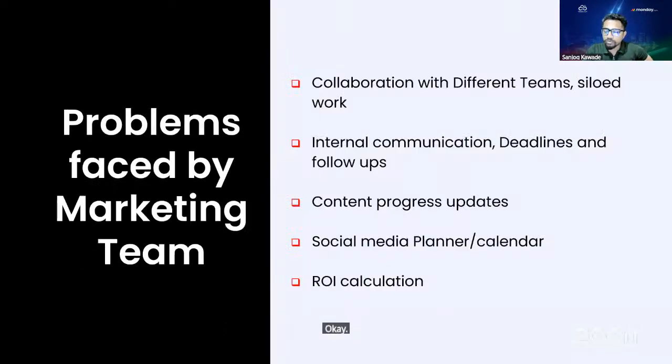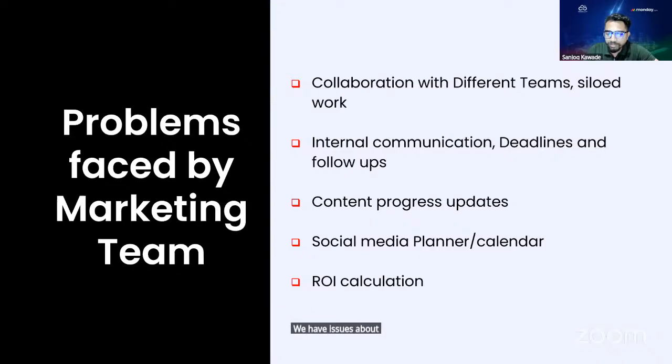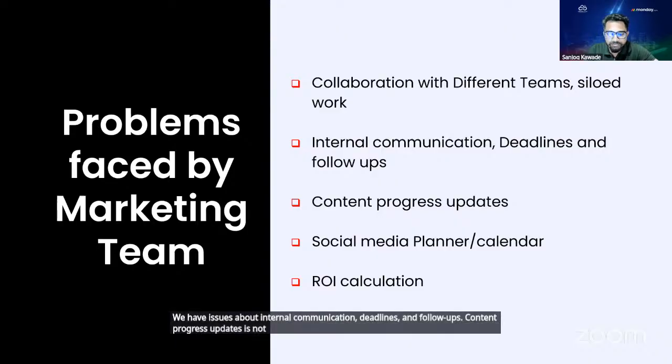And we have noted down a few problems that a wide number of marketing teams face. It is obviously collaboration with different teams, where teams work in silos if they are not well collaborated. We have issues about internal communication, deadlines, and follow-ups. Content progress updates are not as frequent or as updated as they should be.